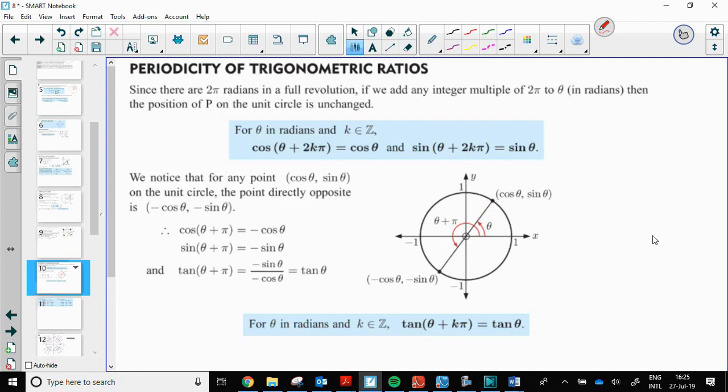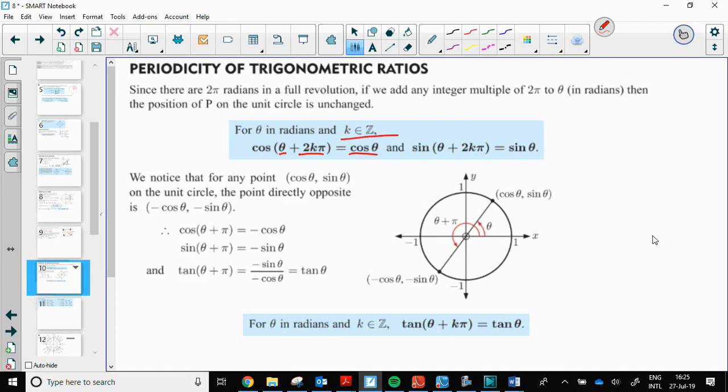And so we get this identity here, which says that the cosine of any particular angle has to be equal to the cosine of that angle plus 2k pi. So we have 2 pi, which is a full rotation, and then we have k, which is an integer.